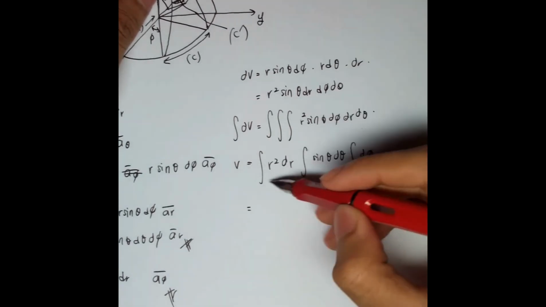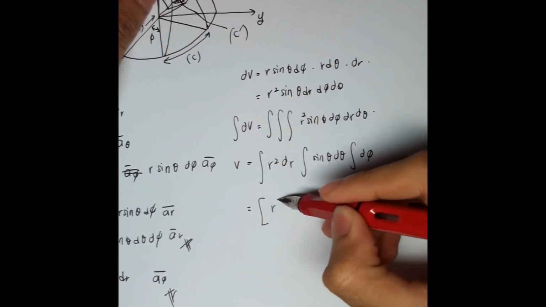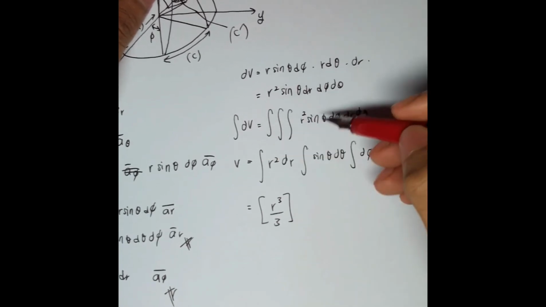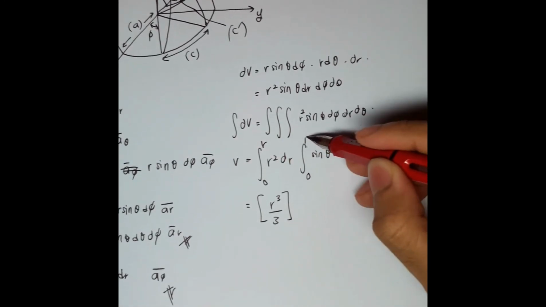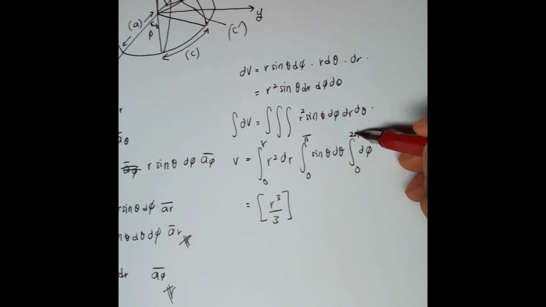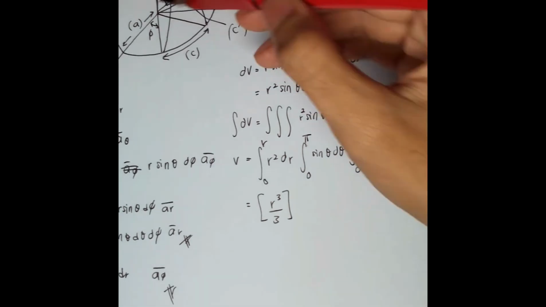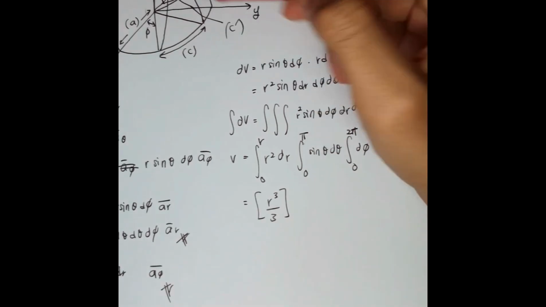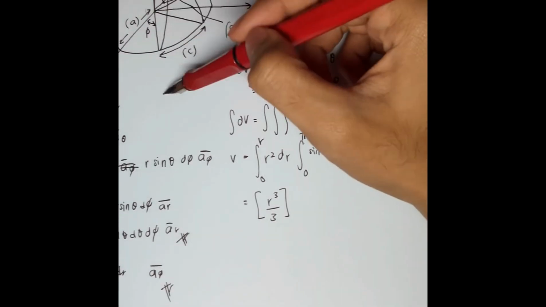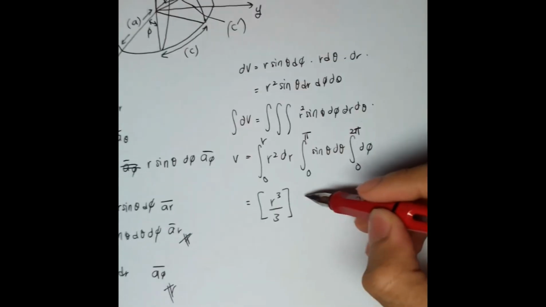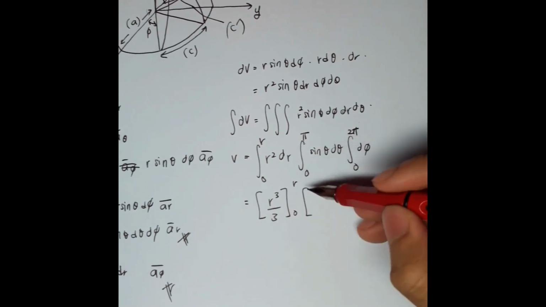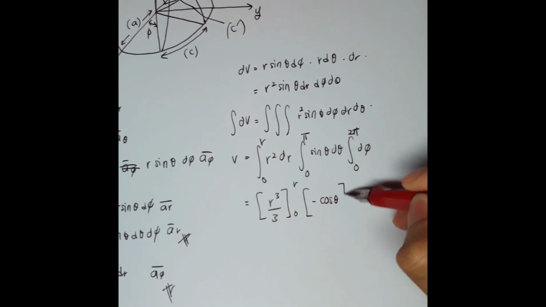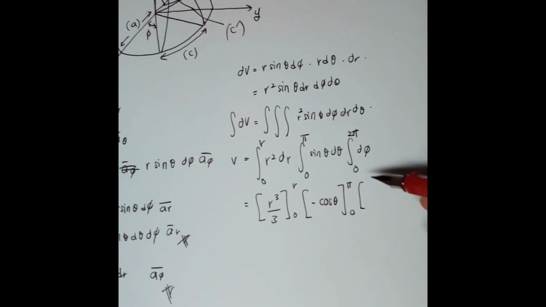We should integrate this first. We should get r cube over 3. Oh, sorry, the range should be 0 to r. This should be 0 to pi, and 0 to 2 pi for phi. So here 0 to r, and this integrate sine, we should get negative cos theta, and phi from 0 to 2 pi.